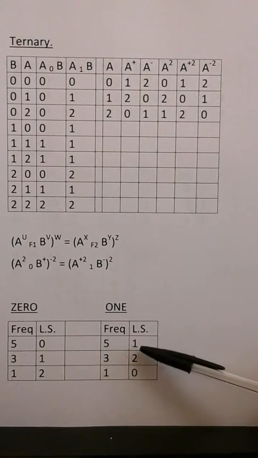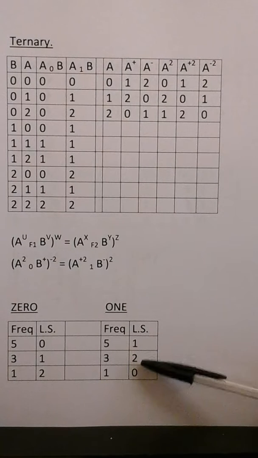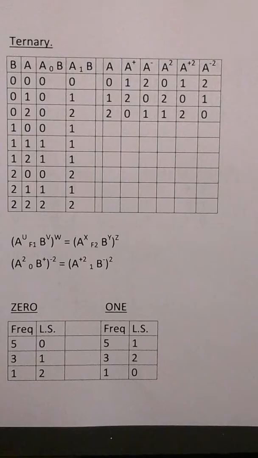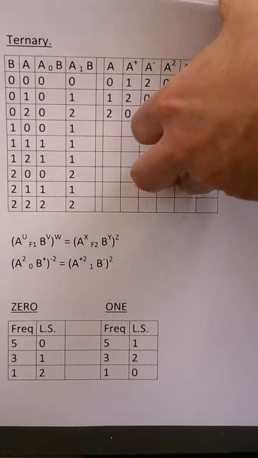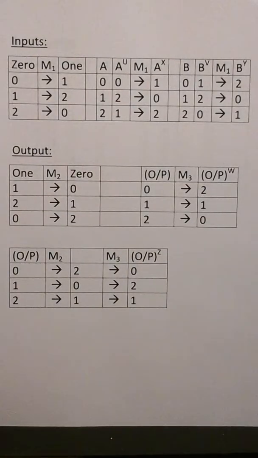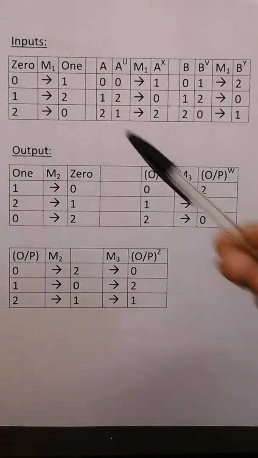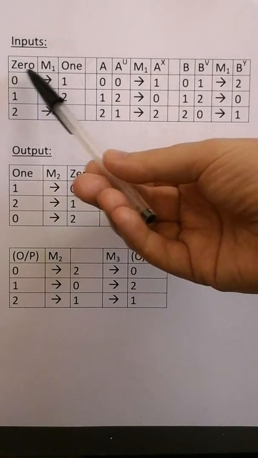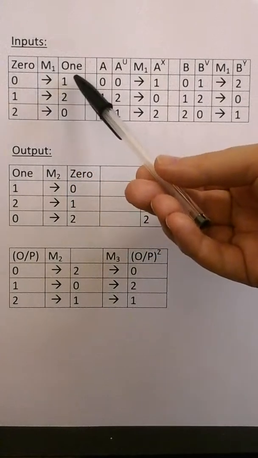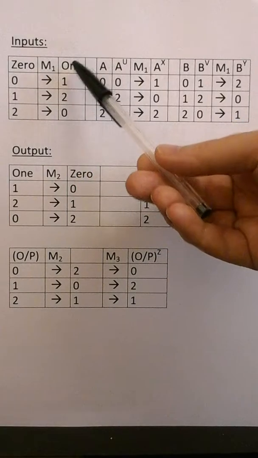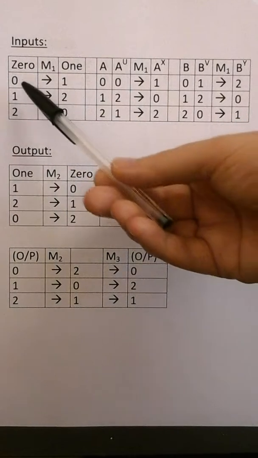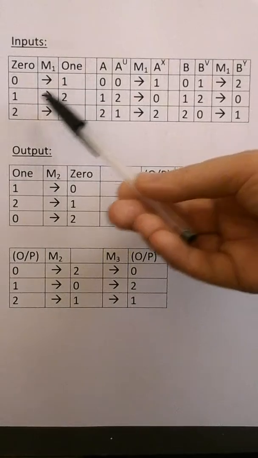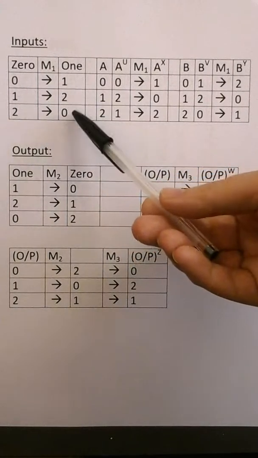The 1 function has 5 ones, 3 twos and 1 zero. Now we take the mappings from the respective logic states of the same frequency, from the 0 to the 1. This is mapping M1. So a 0 goes to a 1, 1 goes to a 2 and a 2 goes to a 0.